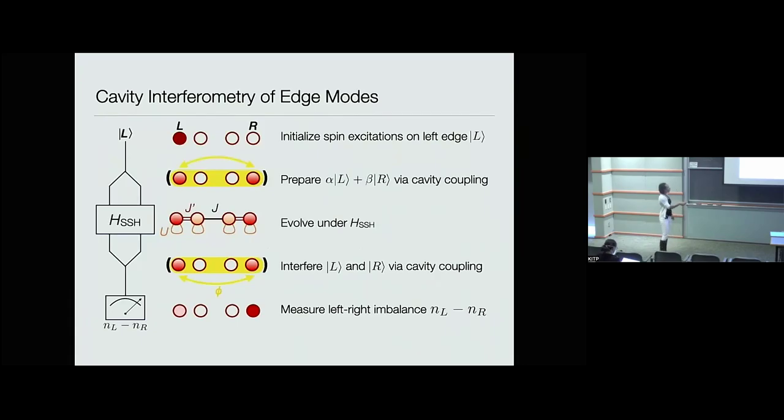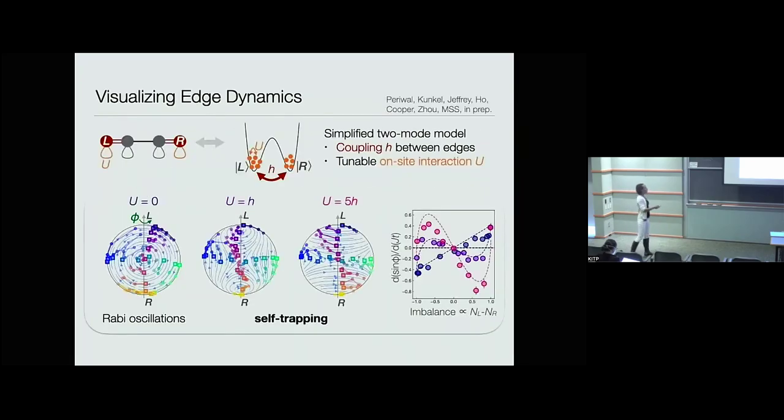And then after all this, if we measure the left-right imbalance, that will give us phase information because we formed this interferometer. And so by doing this cavity-based non-local interferometer, we can actually see trajectories in the phase space of this left-right Bloch sphere that match this picture of having essentially Rabi oscillations in the absence of interactions and having this self-trapping effect as we crank up the interactions.